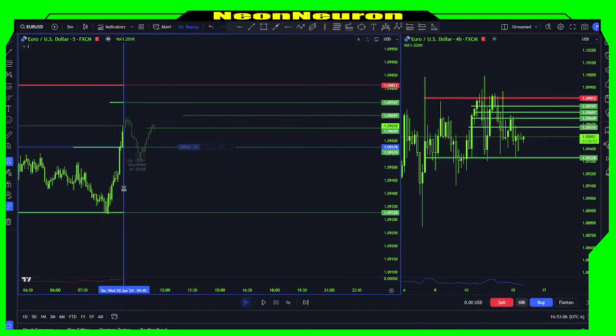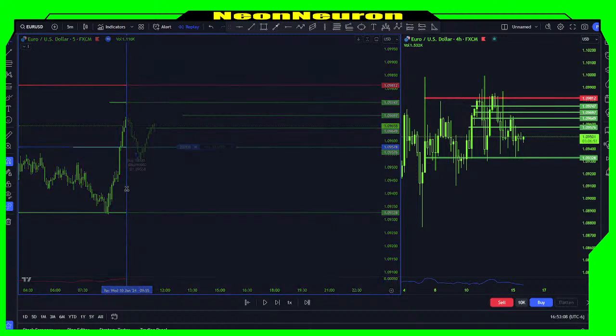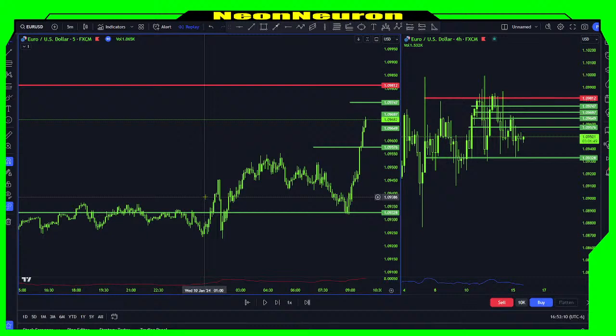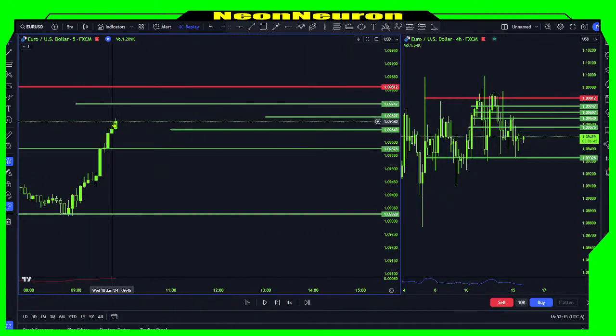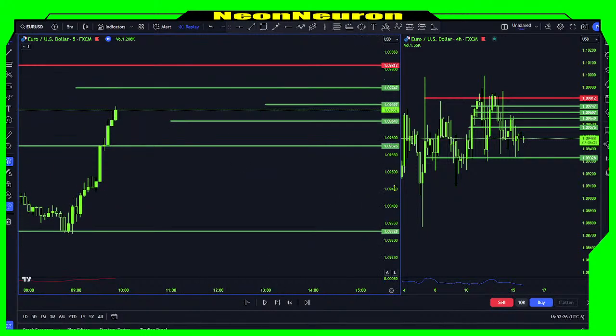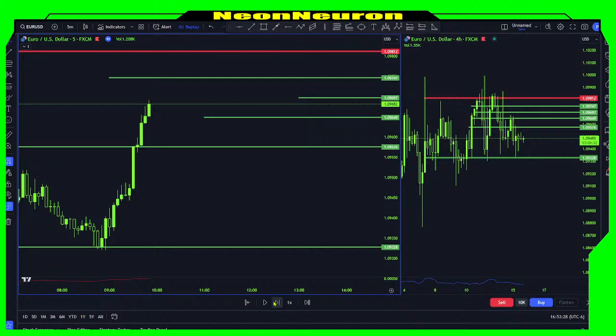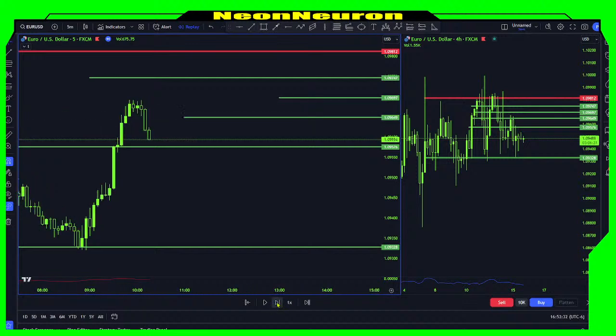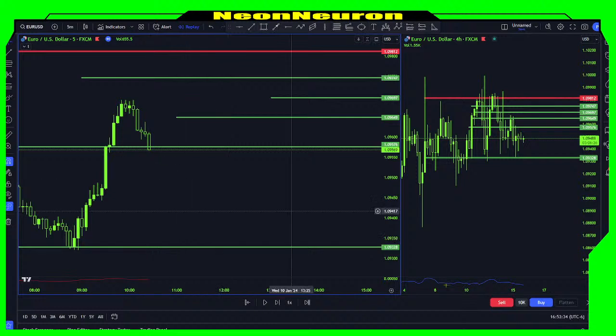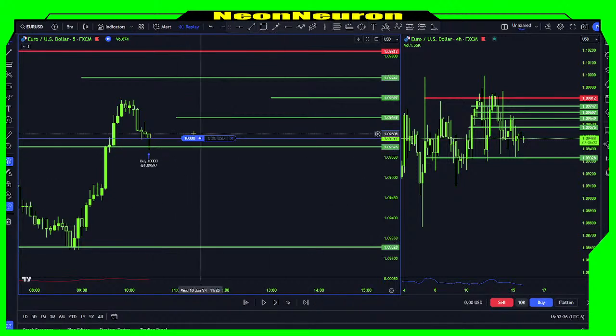Actually, we could have done this better because we're only using 3 lot size. I mean, we're only using 3 pip targets. So we see prices going up, we're looking for the opportunity to get in. These will show us where the most likely opportunities will be. So price goes up. We're looking for the opportunity. Okay, so here it comes. Price right there. That would be our first opportunity.